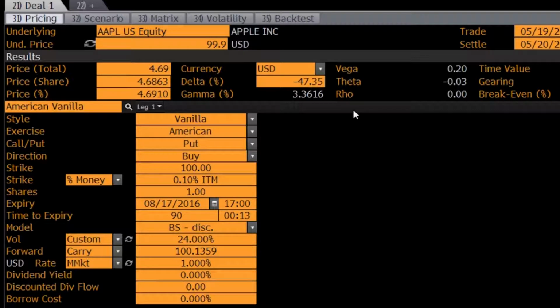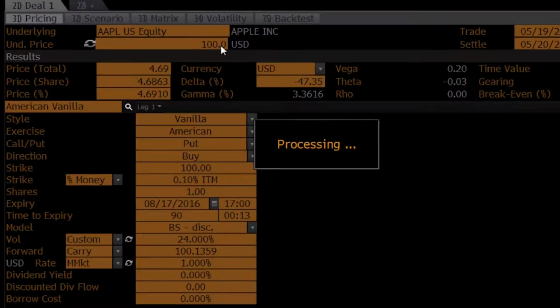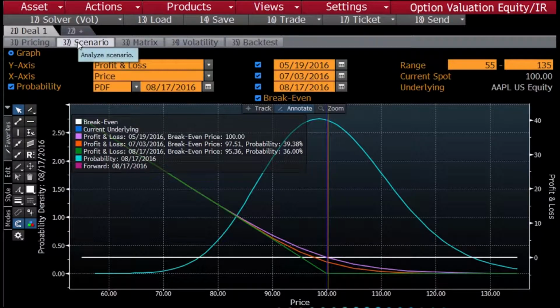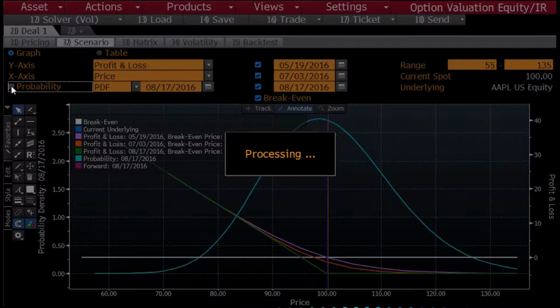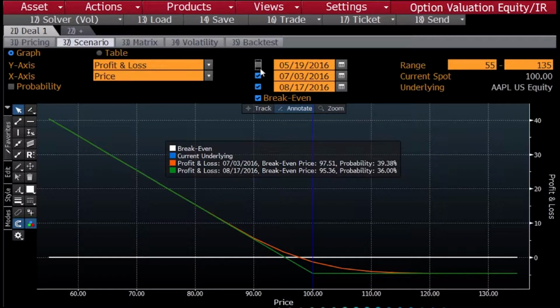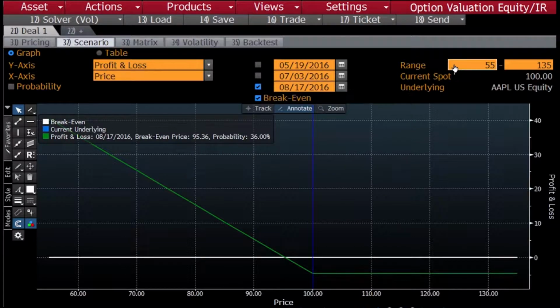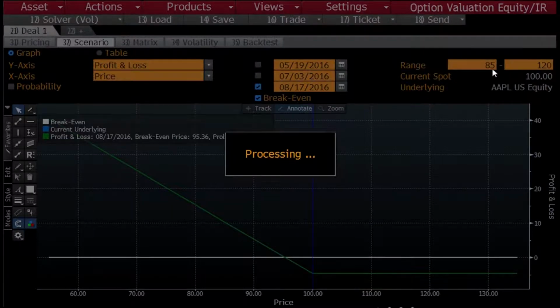Question 11 says, what is the break-even price for this purchase? Well, let me put the 100 underlying price back, and let's go to the scenario tab. Straight away, when I turn off the probability density function, and I turn off those expiry profiles prior to expiry, I'll tighten up my range to 85 and 120, where questions B and C refer to those levels.